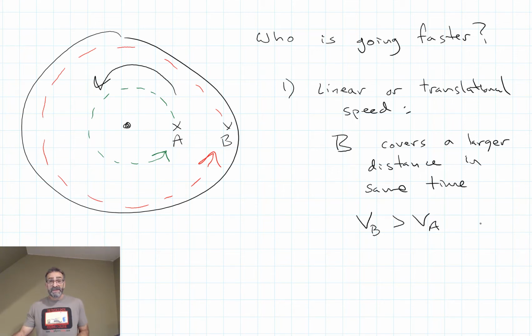The translational speed, the linear speed, the tangential speed, those are all ways of saying the same thing, is greater for person B. They're covering the bigger distance in the same amount of time. But another person might come along and say, wait a minute, both of these people complete a revolution in the same amount of time.